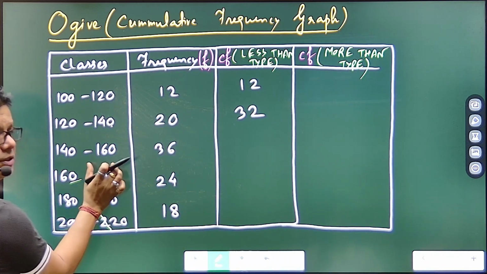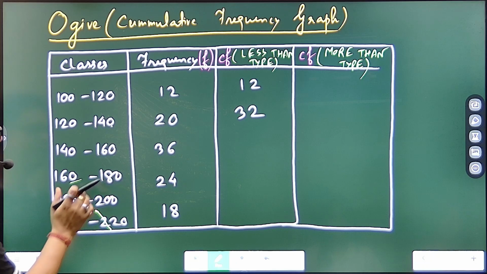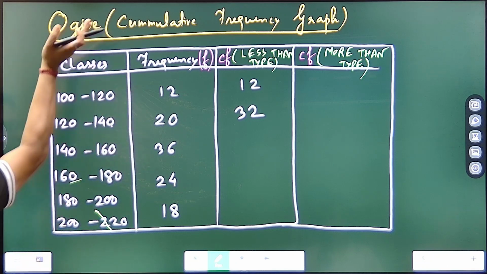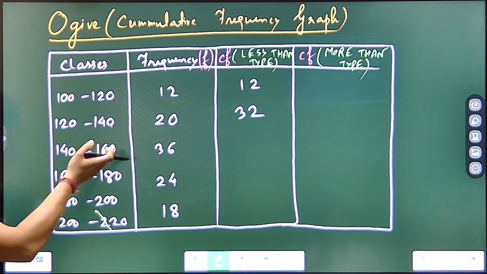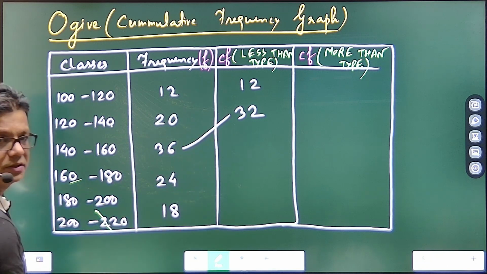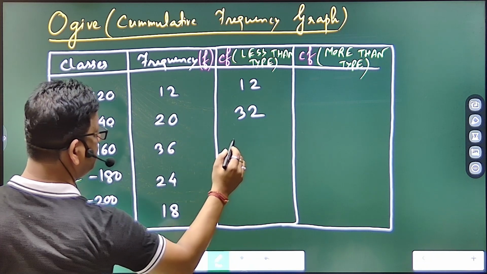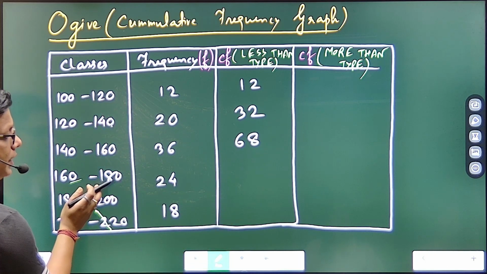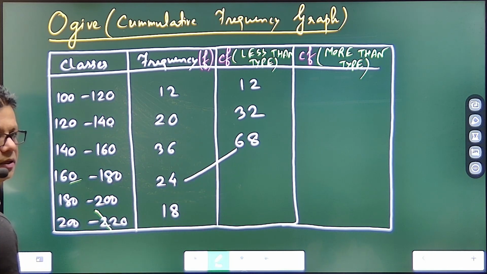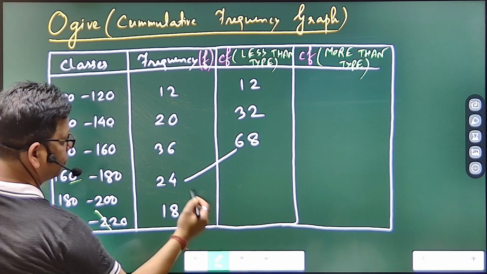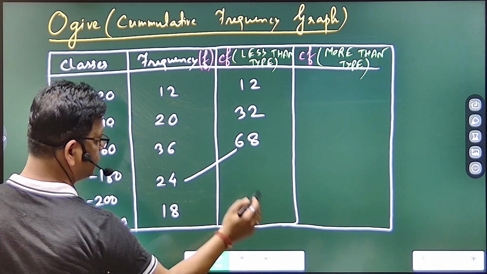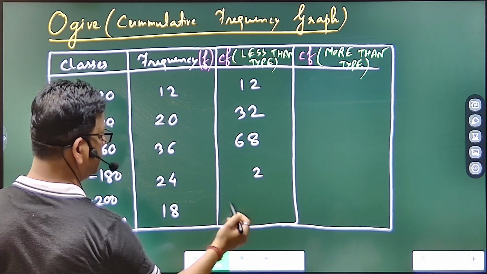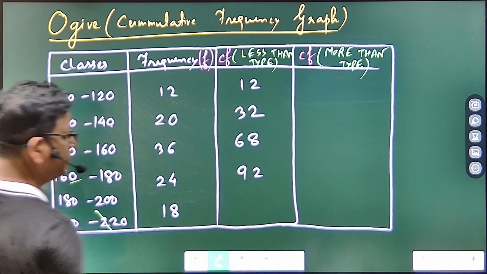Now less than 160, what to add? Less than 160 means all the previous numbers are less than 160, so we need to add it like this. 36 plus 32, it will be 68. Then less than 180, these numbers to be added: 24 plus 68 will be 92.